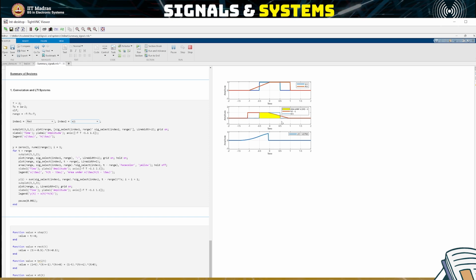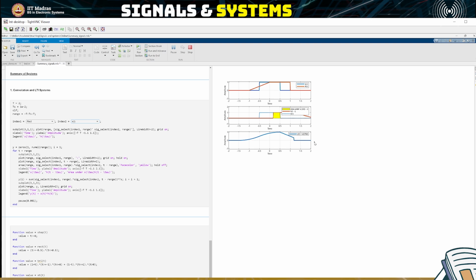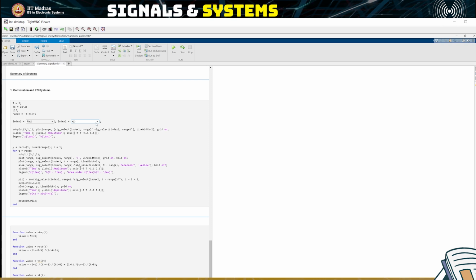As long as there is a non-zero intersection, the area is non-zero, and you get a non-zero value as the output. When the intersection is 0, then you get 0 as the output, right? So this is the output when you convolve our two signals together. Once again, here you can see that the output time duration is the sum of the time durations of the two input signals.